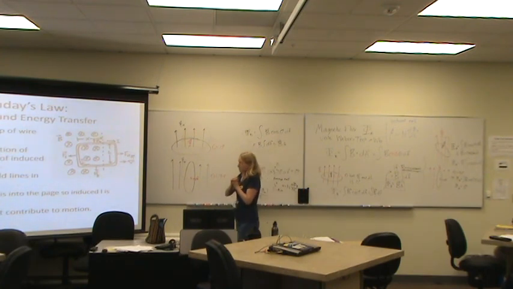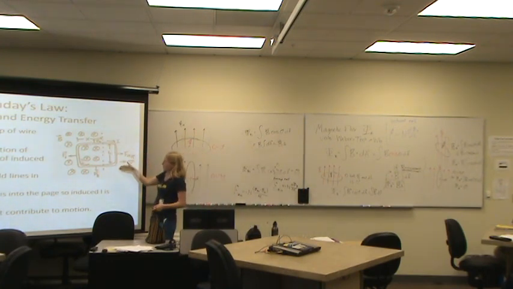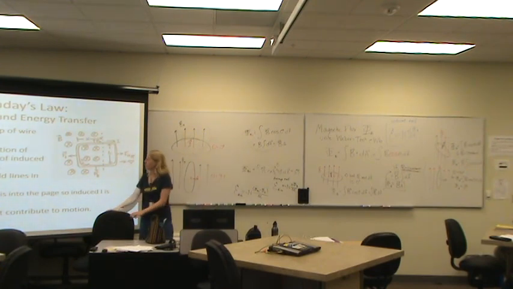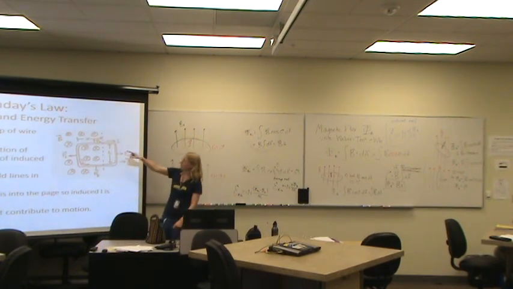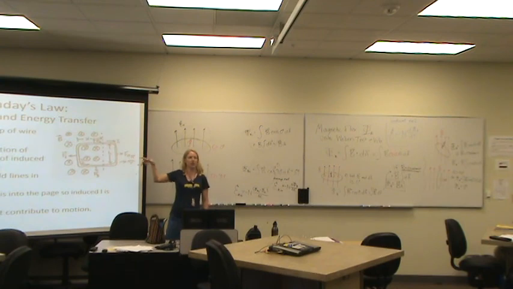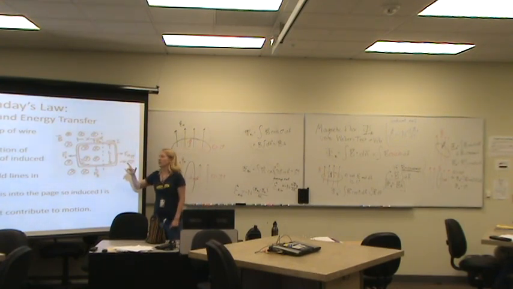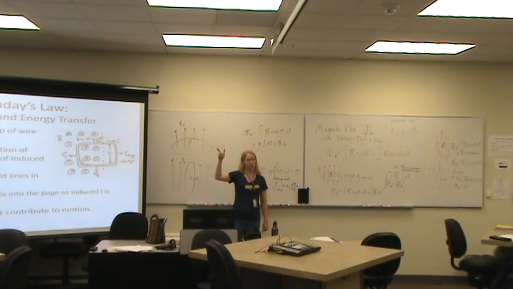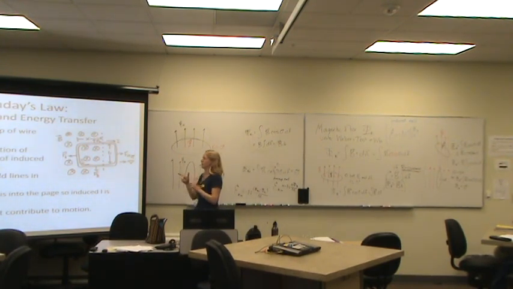Since it's a square loop, we've got these four sections of straight wires, and we've now got current running through that loop. If it's in a B field, then we've got forces acting on each of those sections of wire. This can be doubly confusing, because when we use our right-hand rule, the B field is now the external B field.